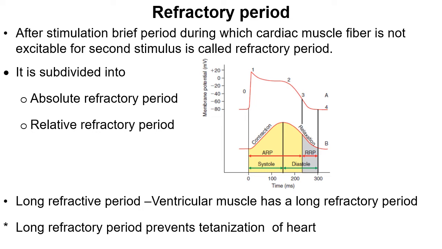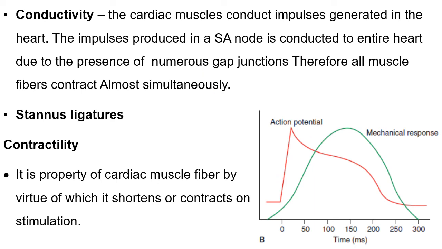Now, in cardiac myocyte, as it has got a very long refractory period, it is non-responsive to second stimulus. This fusion of contractions might not occur in heart. So due to long refractory period, the heart is non-tetanizable.